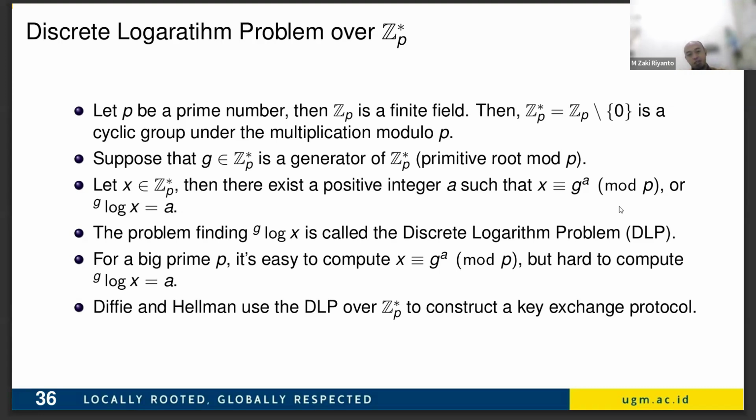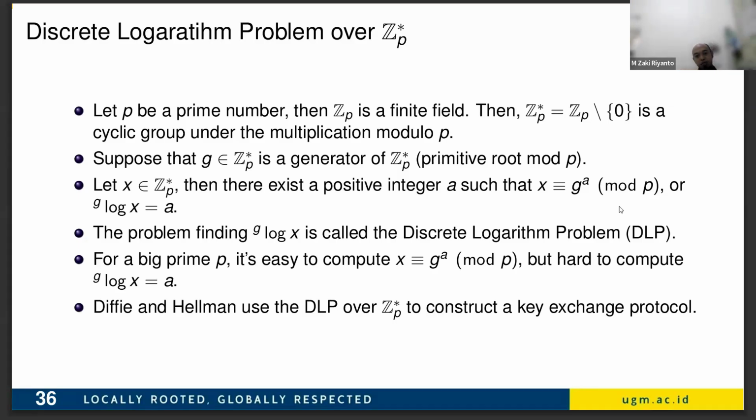So if we take an element x in Zp star, then there exists a positive integer a such that x is g to the power of a, and we can say that a is the logarithm of x with base g. The problem of finding or computing the logarithm of x with base g is called the discrete logarithm problem, or DLP.